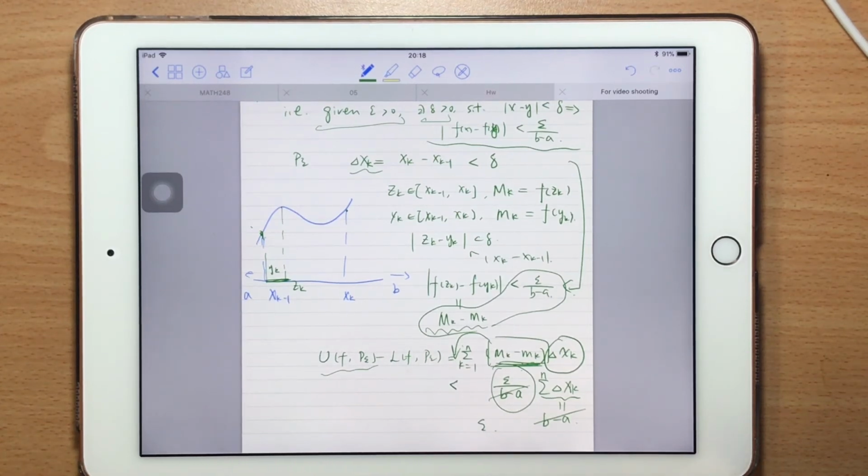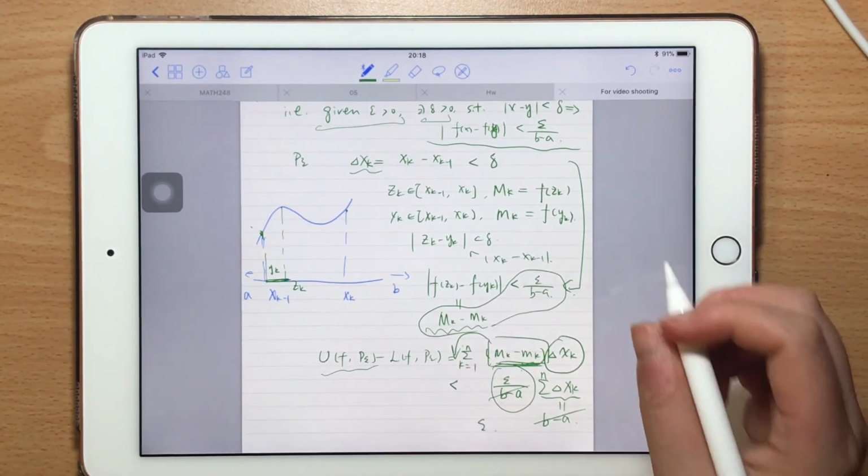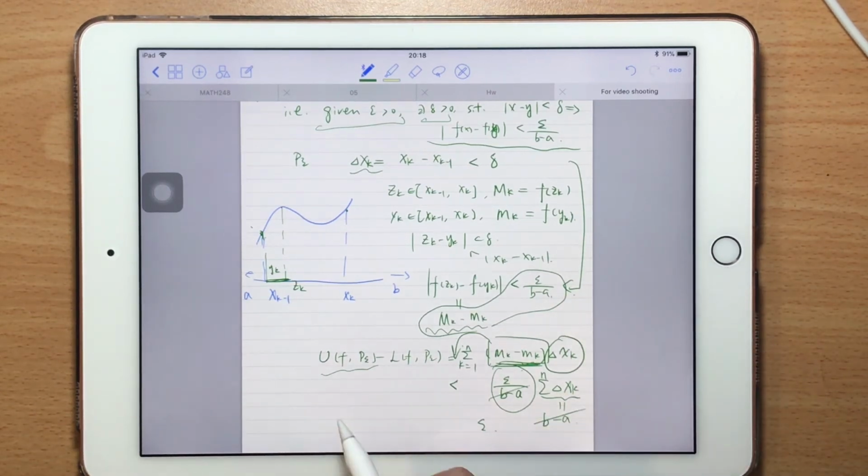Originally I was trying to say something like epsilon over b minus a times, because delta xk is smaller than delta, maybe n times delta.